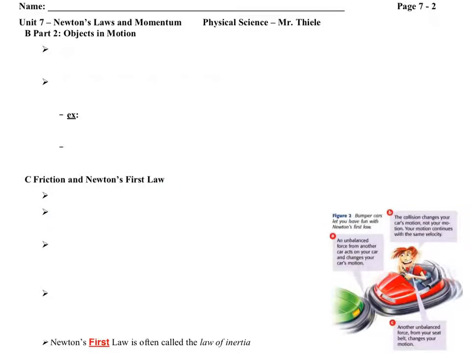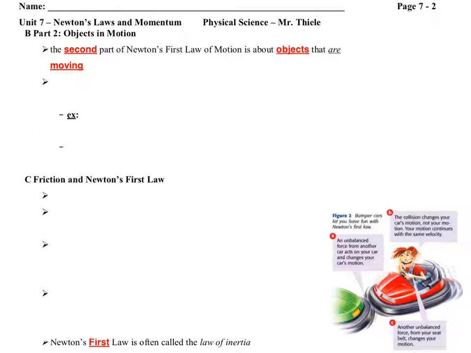Okay, the second part of Newton's first law of motion deals with what kind of object. And in this case, we're talking about objects that are moving. So when we are looking at objects that are moving, how will an object that is moving move?